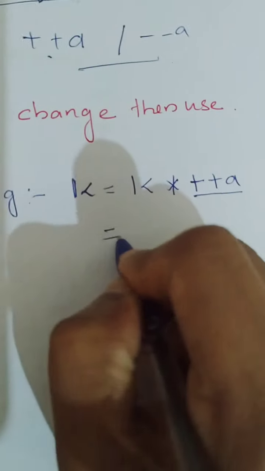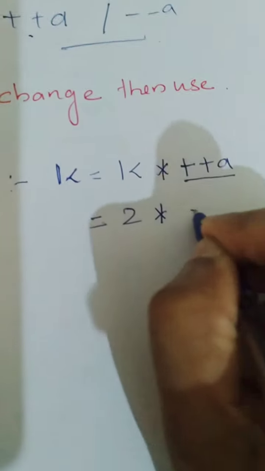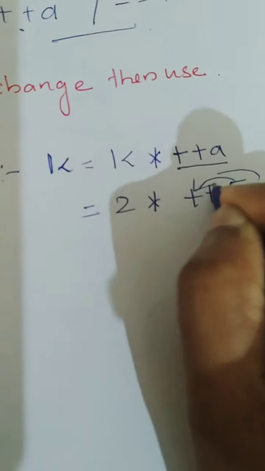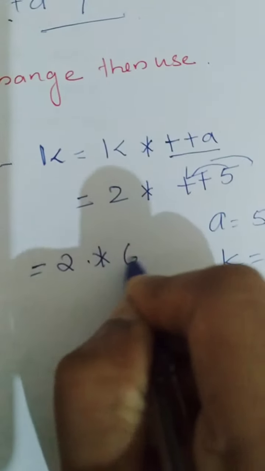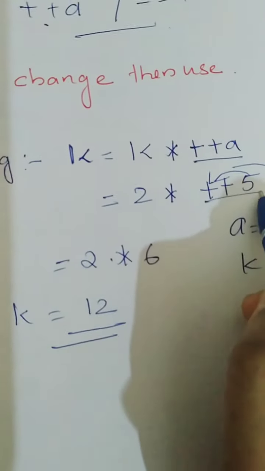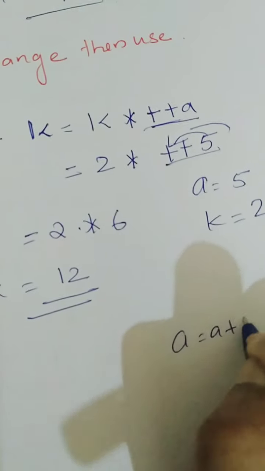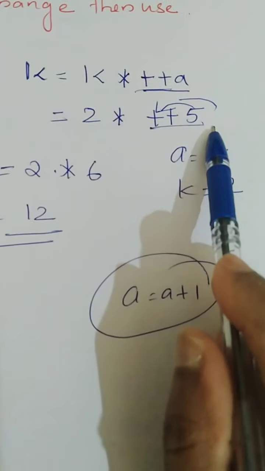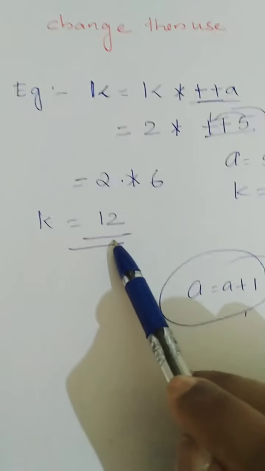So k is equal to 2 star plus plus a, where a's value is 5. It will change the value, so k is equal to 2 into 6, and k's value will be 12. Plus plus a means a is equal to a plus 1. So 5 is equal to 5 plus 1, that is 6. 2 into 6, k's value will become 12.